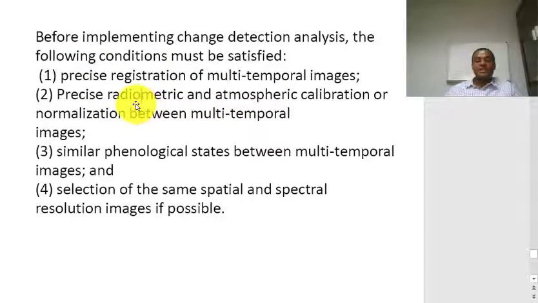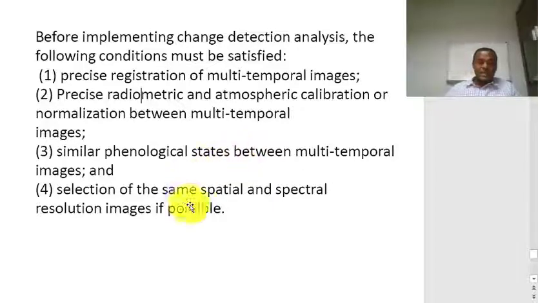Precise atmospheric and radiometric correction are required, and the two images need to be in the same phenological state, whether dry season or wet season. Most of the time we use a dry season image of 1986, for example, and a dry season image of 2020.